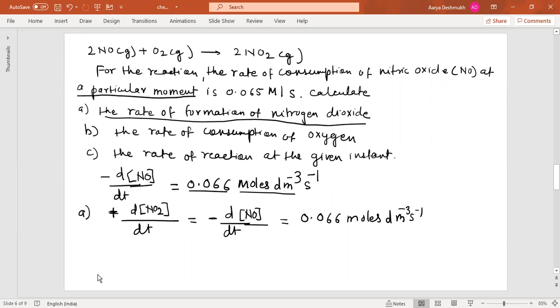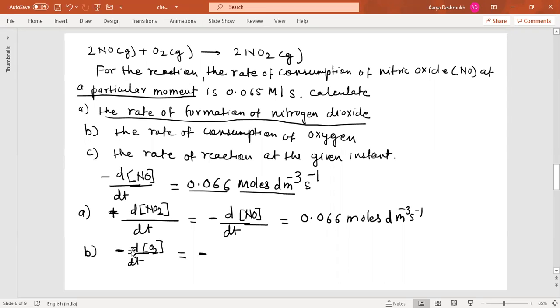Second, we are expected to solve the rate of consumption of oxygen. Now, rate of consumption of oxygen. How will you calculate this? Rate of consumption means there should be a minus sign, d/dt of concentration of O2. This is expected to be calculated. So this will be equal to minus. Now again, the given data is this one only. That is the rate of consumption of NO, nitric oxide, is given.